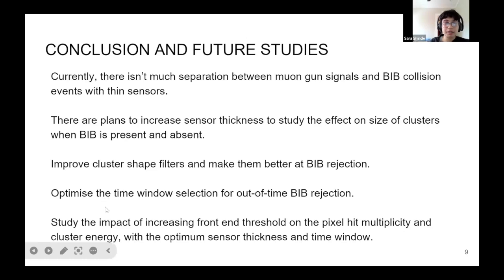There are also plans to optimize the time window selection for out of time BIB rejection. And there are plans to study the impact of increasing the front-end threshold on the pixel hit multiplicity and cluster energy with the optimum sensor thickness and time window.